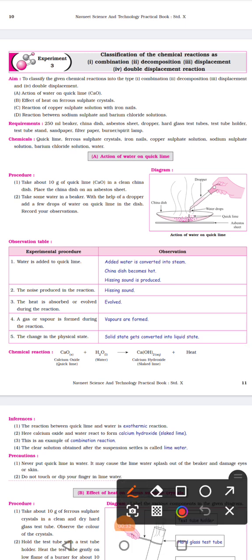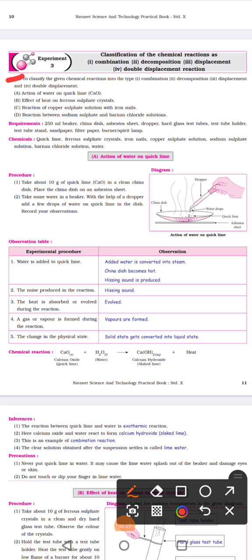First, you will write the aim, and you need to write the aim wisely. Any one or two reactions will be in front of you. You have to identify which reaction you got, and as per the reaction or test in front of you, you will write the aim.